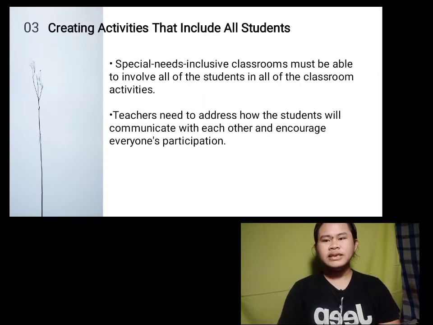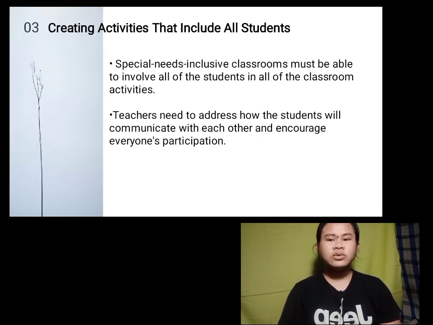Number three is creating activities that include all students. Special needs inclusive classrooms must be able to involve all the students in classroom activities. I said earlier that when making a lesson plan or activities, you need to consider all of your students, all of your participants, in the process of learning.